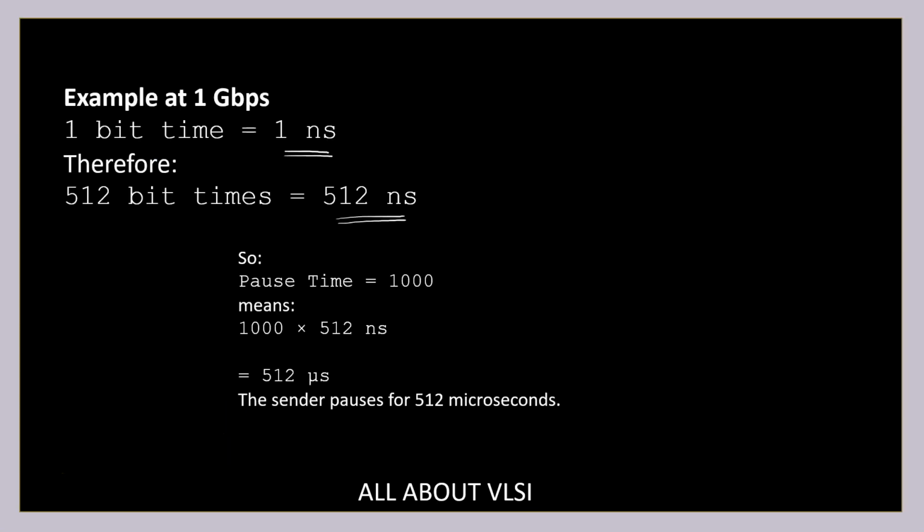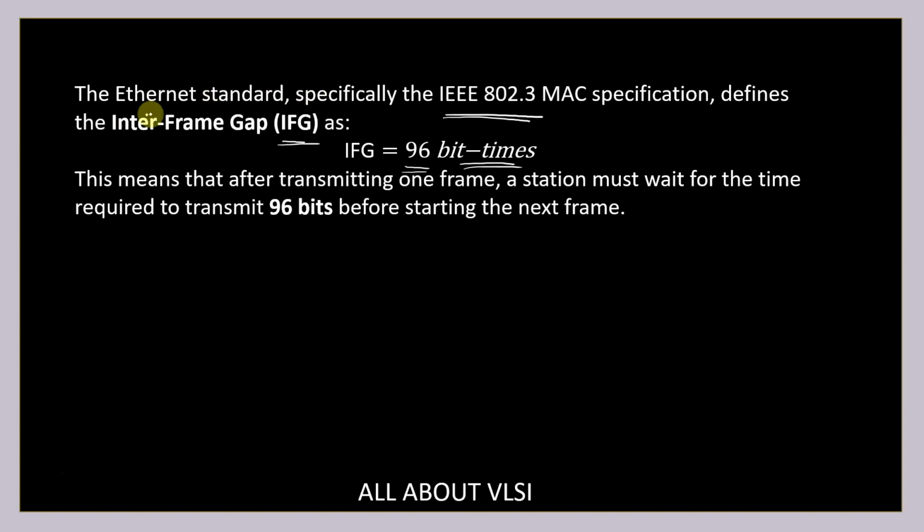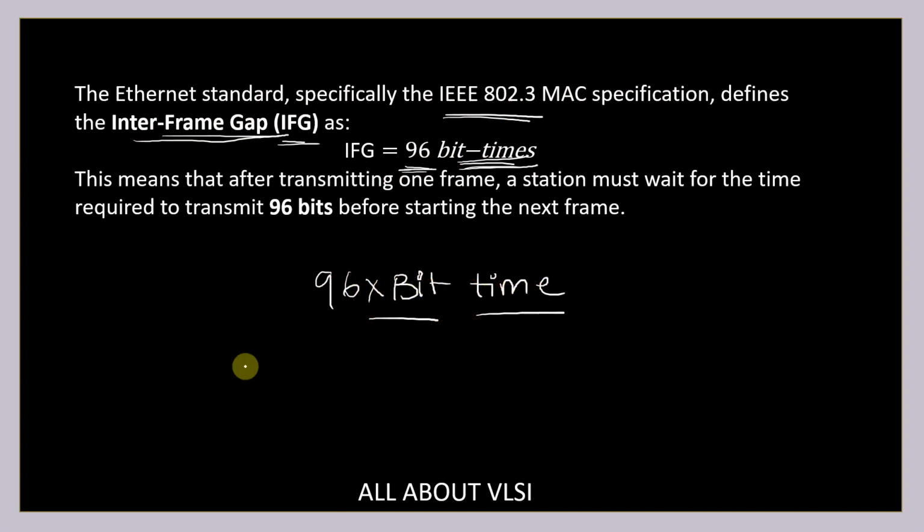Pause quanta is a standard framed by the IEEE 802.3 specification, and it defines the interframe gap as 96 bit times. So pause quanta is 96 into bit time. What do you mean by bit time? Bit time is the time you allocate for transmitting a particular bit.